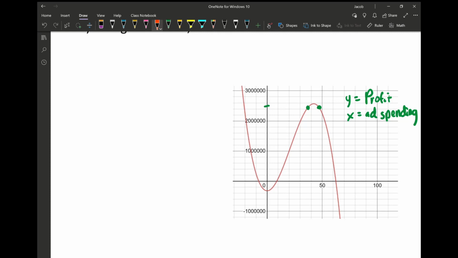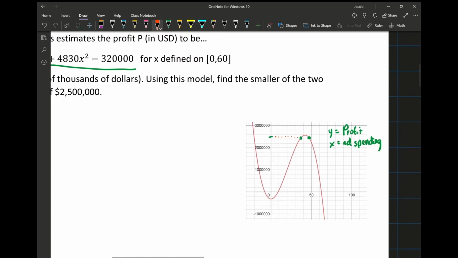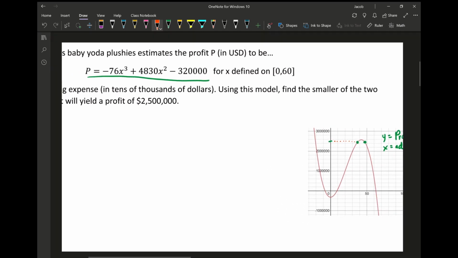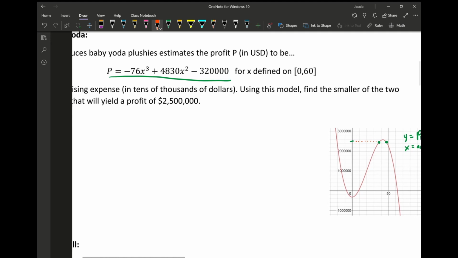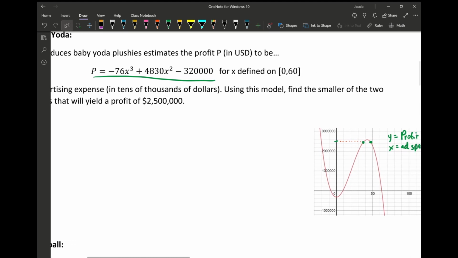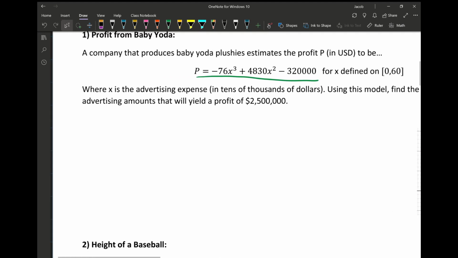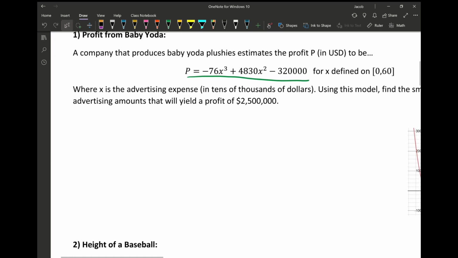The 2.5 mark is actually going to hit at two separate spots. That's why this problem is asking us to find the smaller of the two advertising expenses.